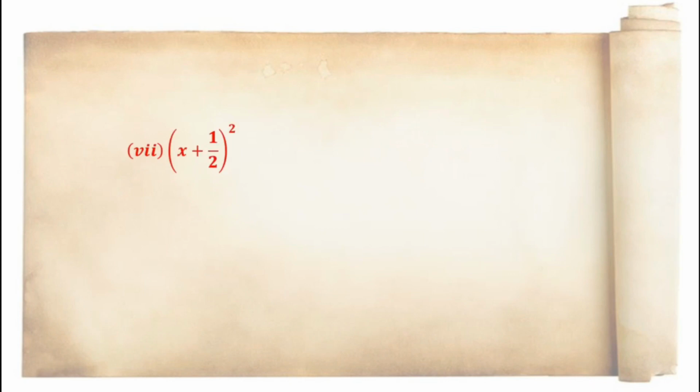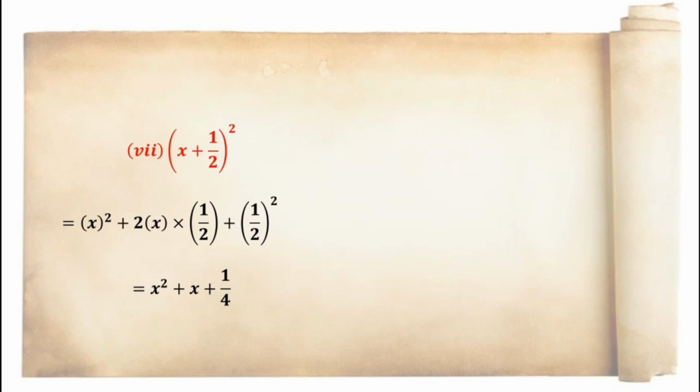Now the next question, question number 7, is here. (x plus 1 upon 2) raised to 2. Okay, so x raised to 2 plus 2 into bracket x into 1 upon 2 plus (1 upon 2) raised to 2. Okay, so here you will see that x raised to 2 plus x plus 1 upon 4.